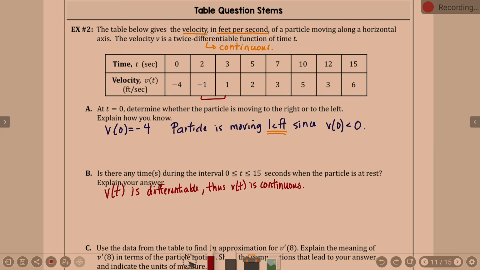If you cite some data, v of 2 is -1, which means v of 2 is less than 0. v of 3 is 1, and v of 3 is greater than 0. So, IVT says there exists a time between 2 and 3 where the particle is at rest.